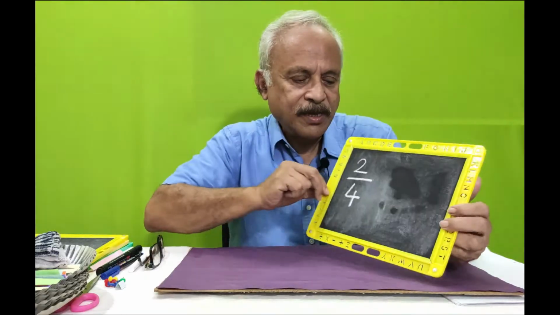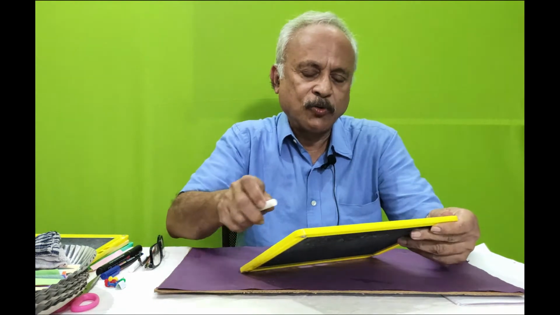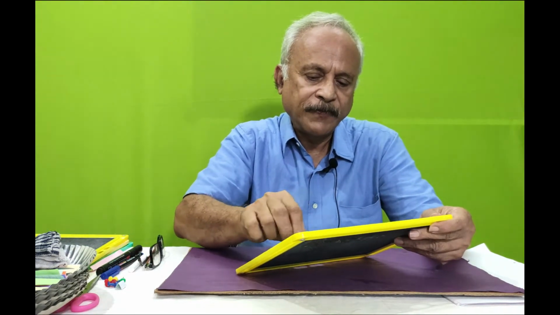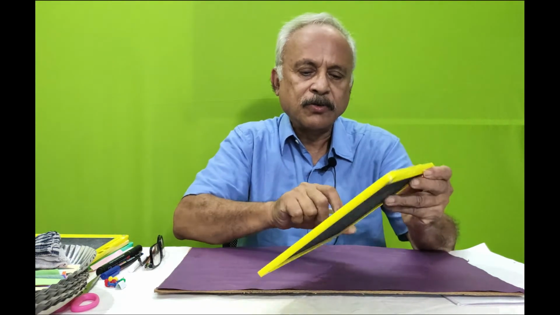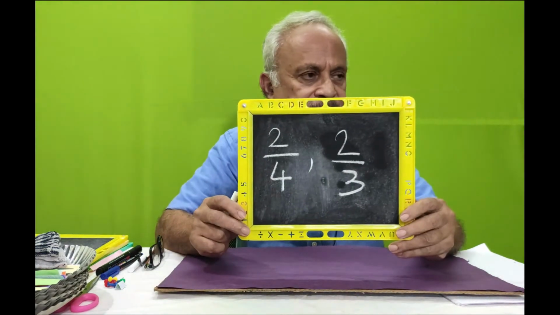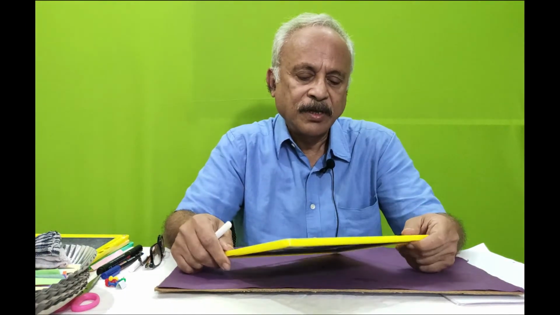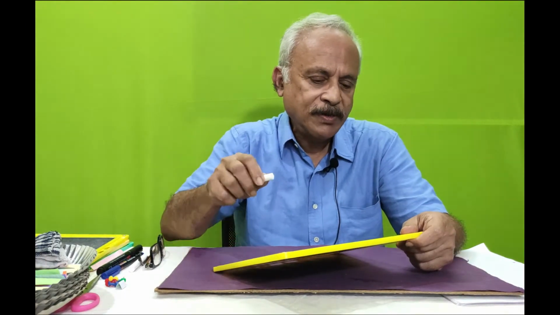That's right. One more question. What is the long form of 2 by 3, Nandita? 1 upon 3 plus 1 upon 3 is equal to 2 upon 3. Right.